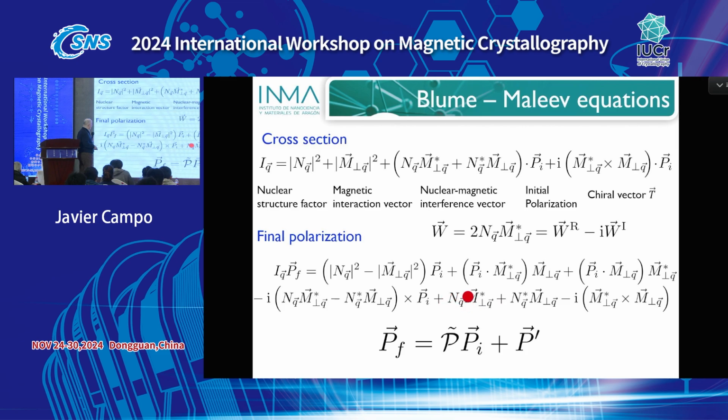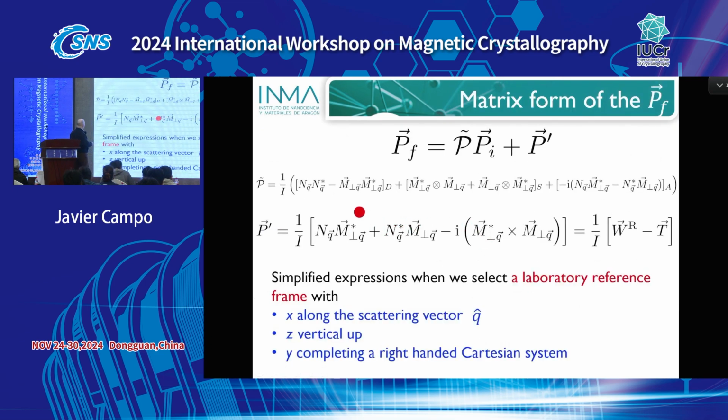This P is these 2 terms, and this matrix is what we have in front of the initial polarization. We can work a little bit on this. Also, this is coming from your notes. And we have this expression for the matrix and for the vector.